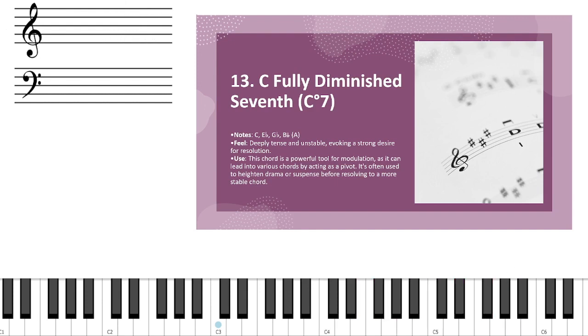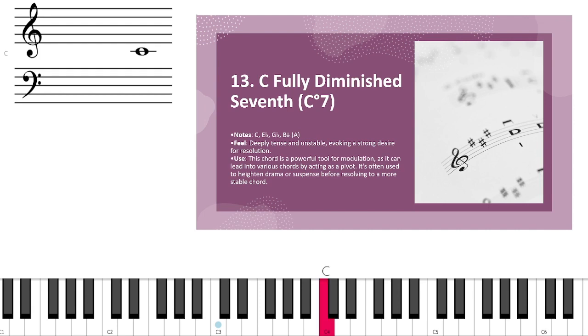Okay, this chord is a powerful tool for modulation, and it can lead into various chords by acting as a pivot. It's often used to heighten drama or suspense before resolving to a more stable chord. Now watch this trick. If you take the minor chord of every note in a diminished sequence, you will have a perfect cascading feel of suspense like this.